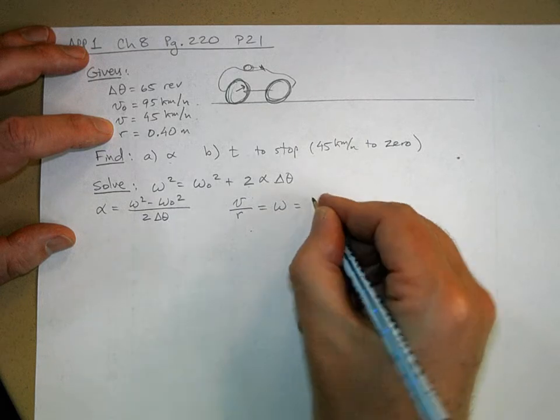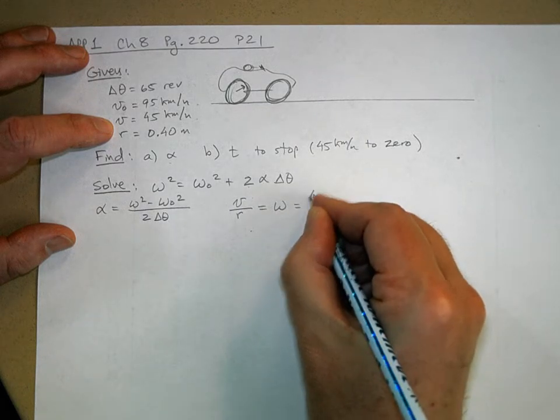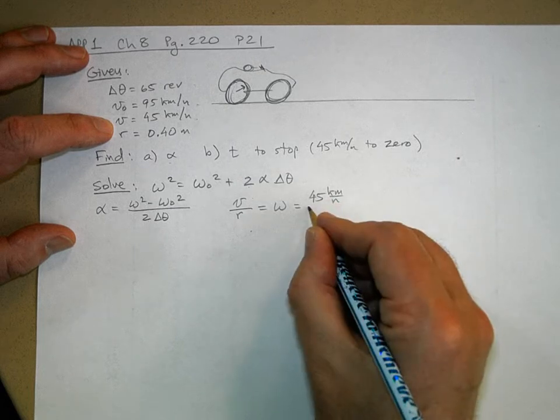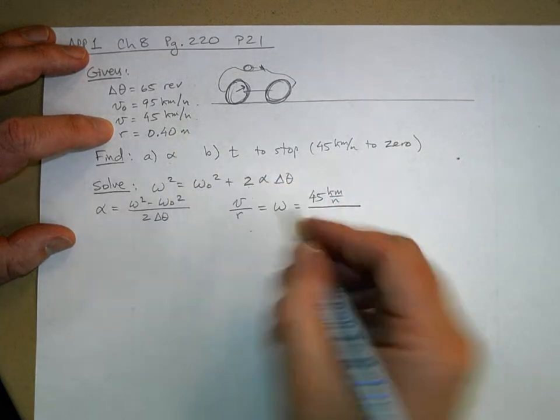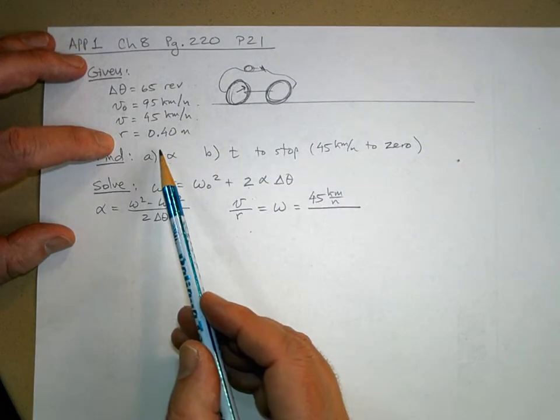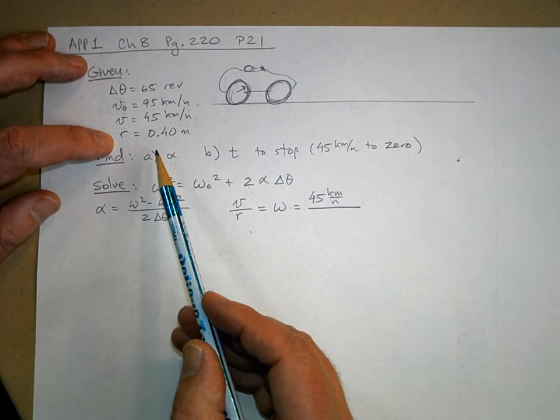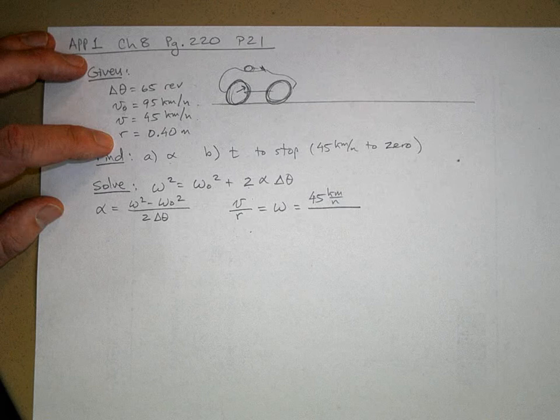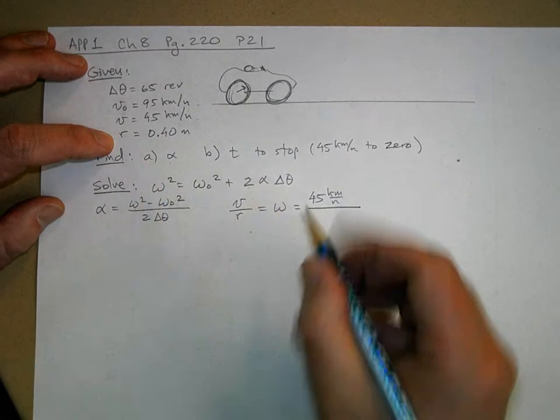Well, the velocity is 45 kilometers per hour divided by a radius. Now, it said a diameter of 0.8 meters. It's really easy to make a mistake and use the diameter. So when I write down what's given, if there's something simple like that, I just convert it right away to the radius, because that's what I want to use. So the radius is 0.4.